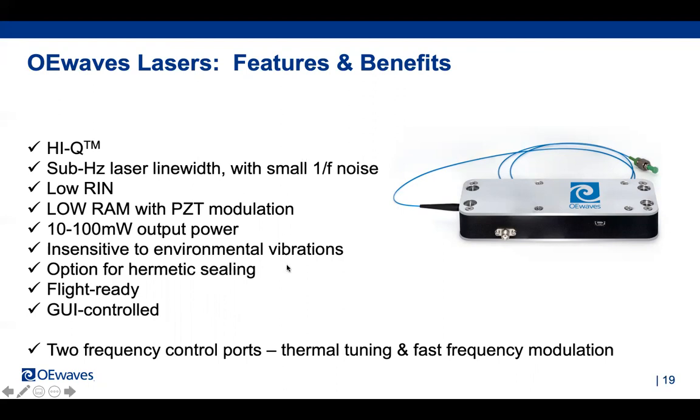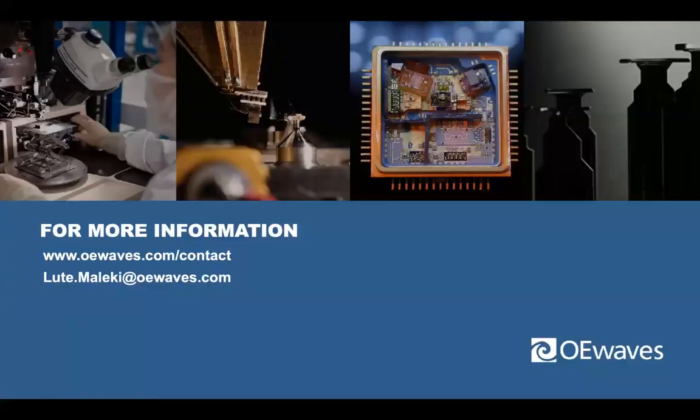They're insensitive to environmental vibrations, and there's an option to even hermetically seal them. They are GUI controlled, and they have control ports for thermal and fast frequency modulation as well, which makes them particularly useful for all applications requiring modulation.